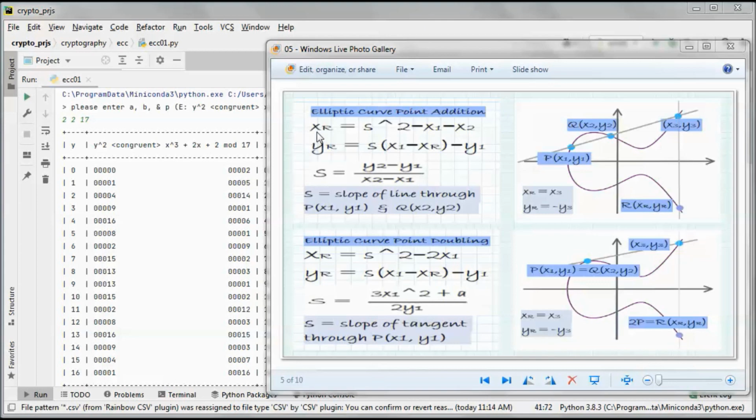So the equations for xr and yr are the same for point addition and point doubling, and s is slope, so it's equal to (y2 minus y1) over (x2 minus x1) for point addition, and for point doubling, s is equal to (3x1 squared plus a) over 2y1, and s here is the slope of the tangent line through P (x1, y1).